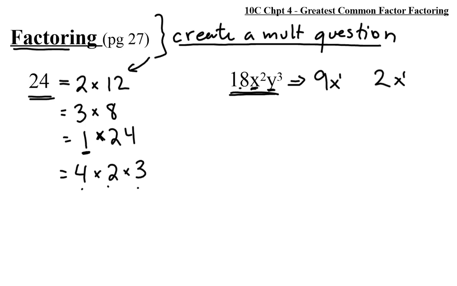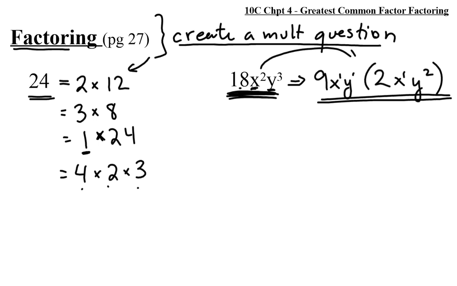How would the y3 have been created? Well, maybe y and a y2, because we would have added the exponents. So there's a multiplication question, 9xy times 2xy squared. That starts as 18x squared y cubed, and it can become 9xy times 2xy squared.